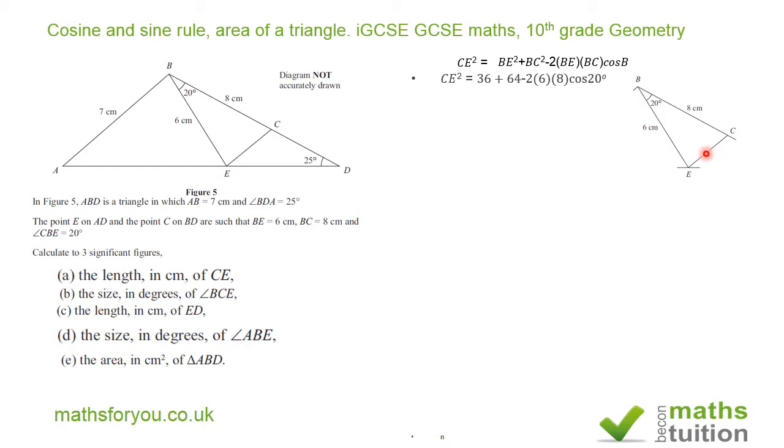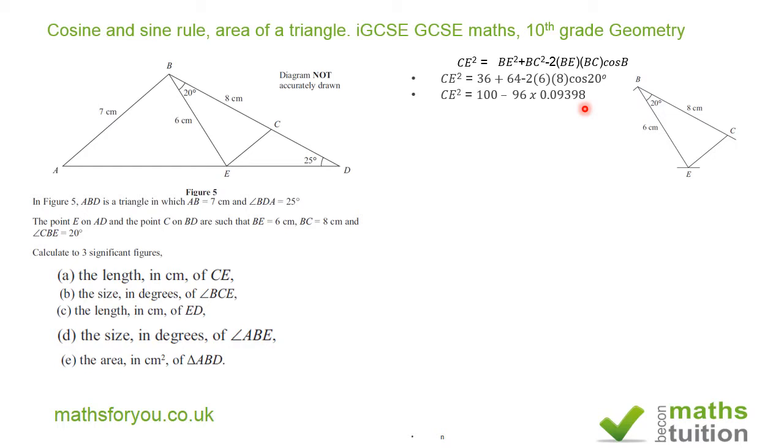So now CE squared is 36 plus 64, because 6 squared is 36 and 8 squared is 64. Add those together and subtract the product of 2 times 6 times 8 cos 20 degrees. CE squared will be 100 minus 96 times 0.93969.